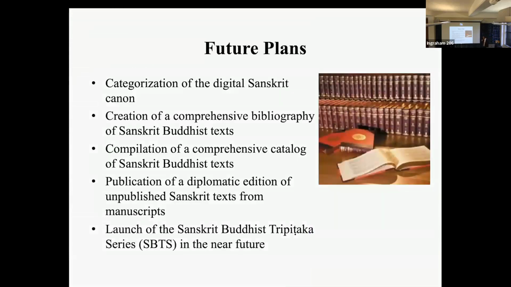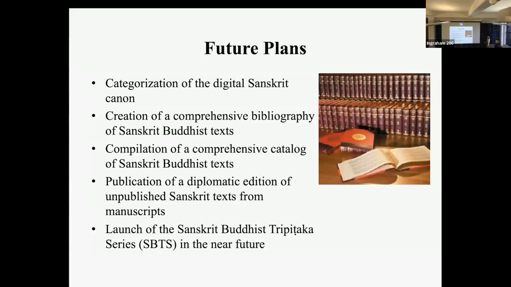Another thing is categorizing the digital source Canon. This is a huge task, and so far we still don't have a comprehensive bibliography of Buddhist texts. People are working on it, but not comprehensively. We really need to create a comprehensive bibliography and comprehensive catalogs of Sanskrit texts.